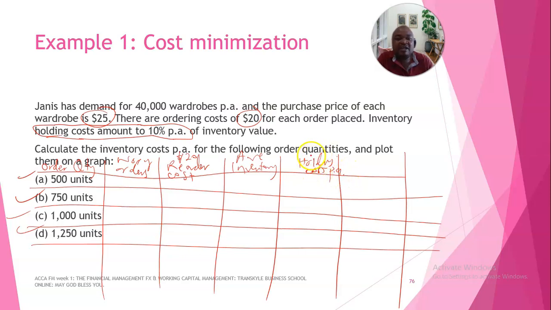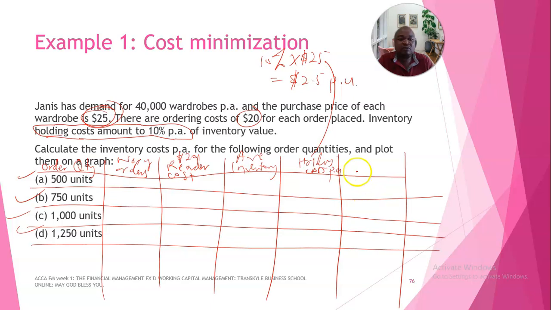However, I wanted to emphasize that the holding cost per unit matters first for us to arrive at the cost per annum. So per unit, we are told that it is 10% of the inventory value, which was $25. So 10% of 25 is $2.50 per unit.